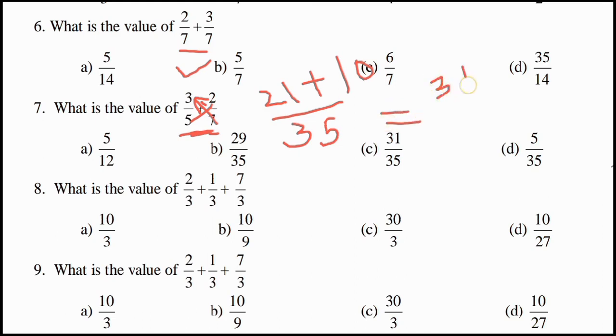And answer is 35 as denominator and 21 plus 10 is equal to 31. And here it is C, 31 upon 35.